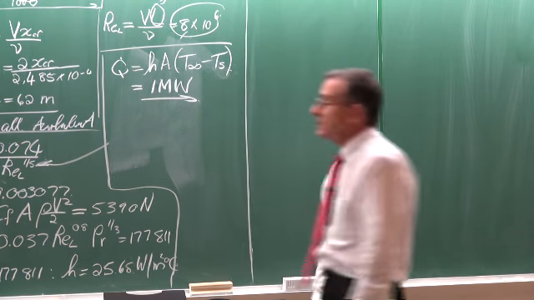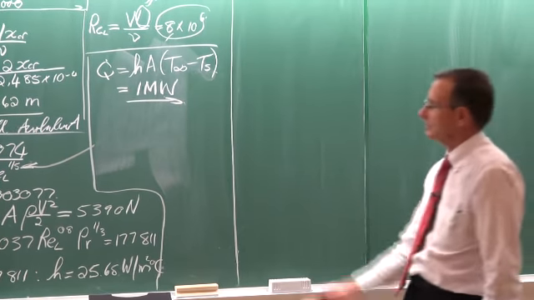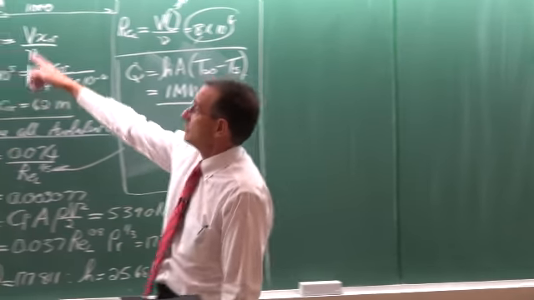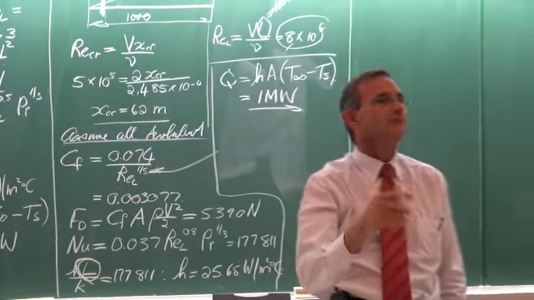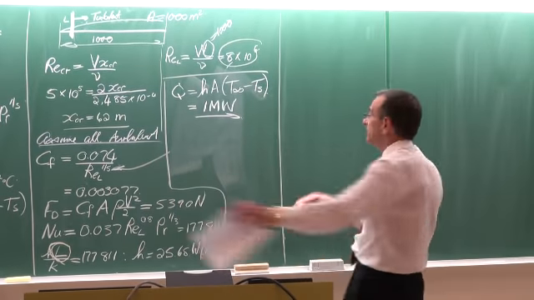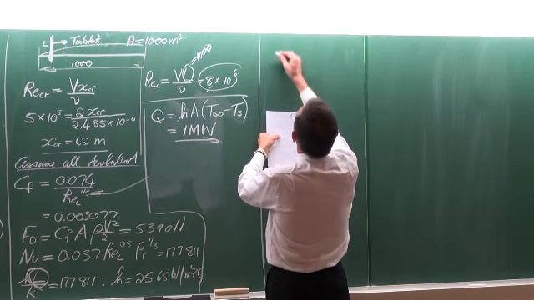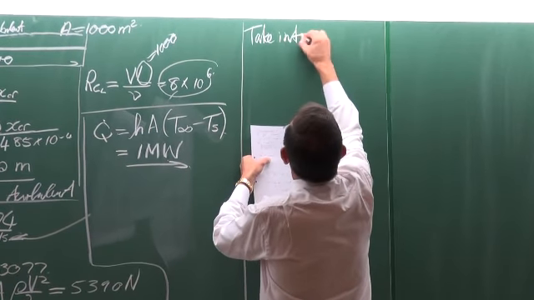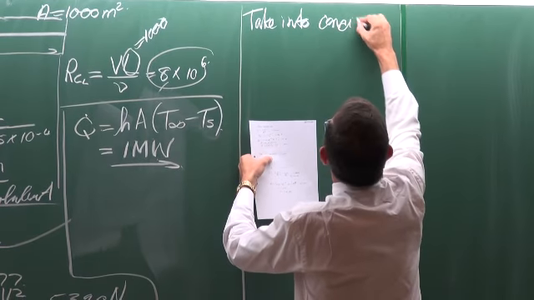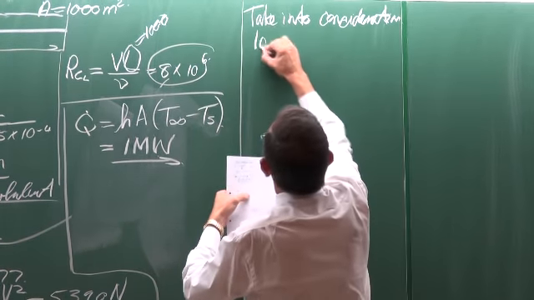Okay. Now there are always people who are a little bit too critical and would say, no, wait a minute, you know, this assumption, the shortcut that you've made, I'm not so sure. Well, let's go and check it. Okay. So what we're now going to do is take into consideration the laminar part.